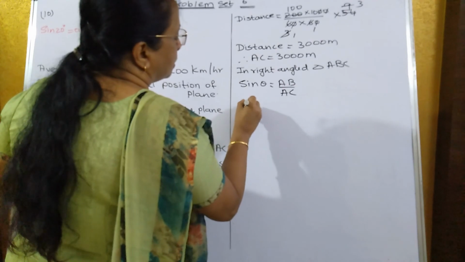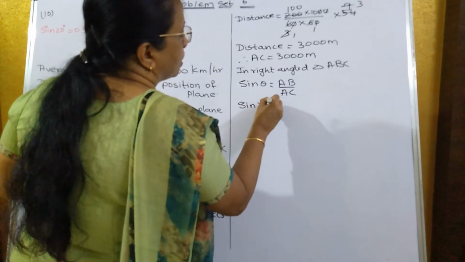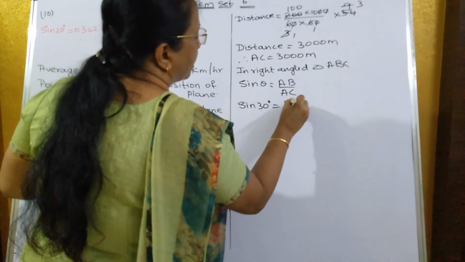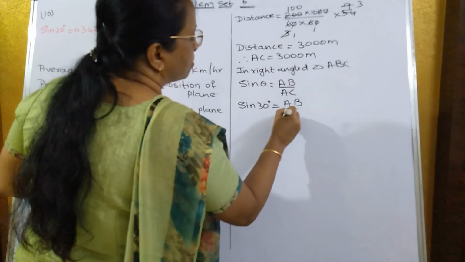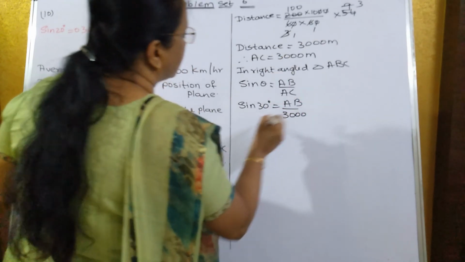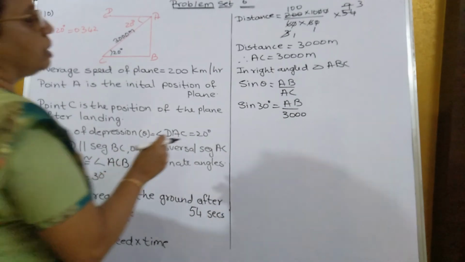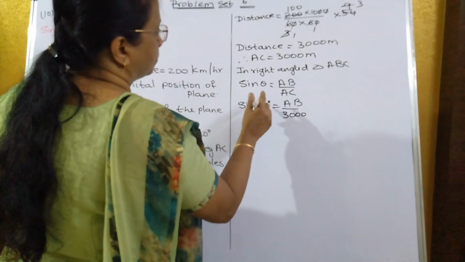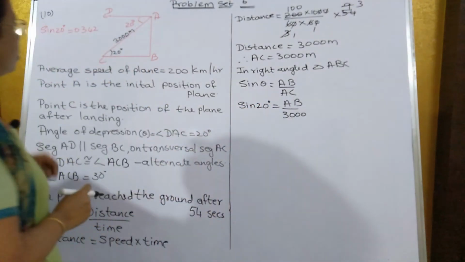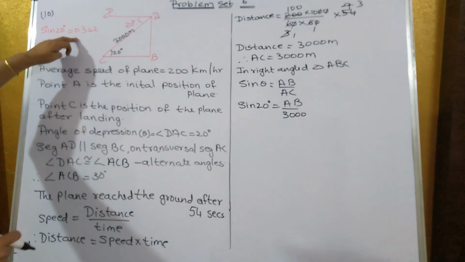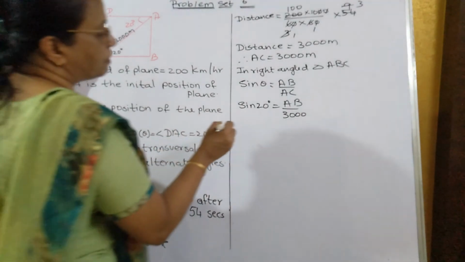Sine 20 degrees is equal to AB upon AC, and AC we have got as 3000 meters. Sine 20 is already given in the question itself: 0.342.